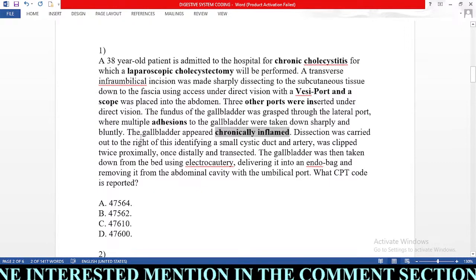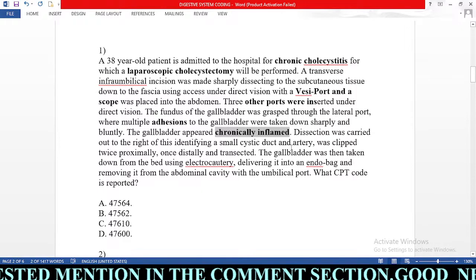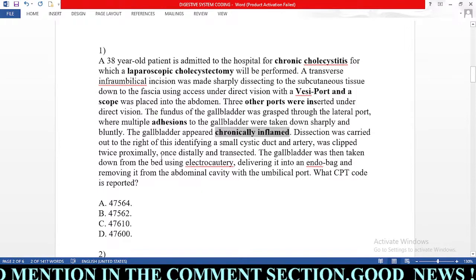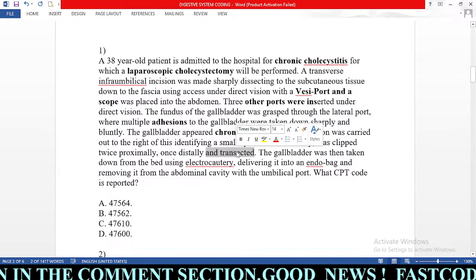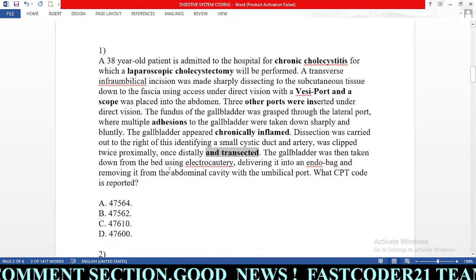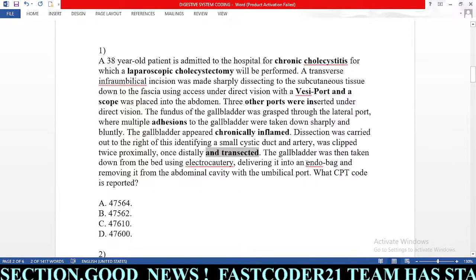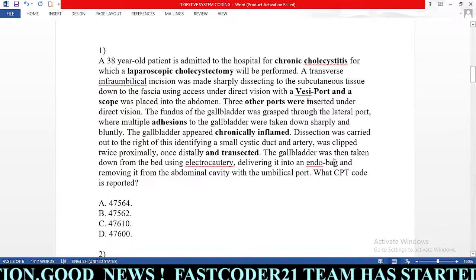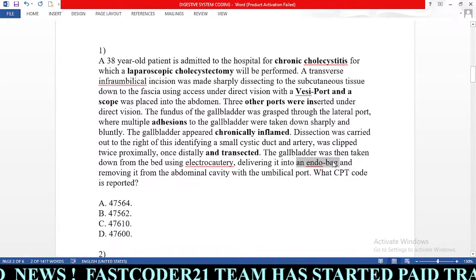Dissection was carried out to the right of this, identifying a small cystic duct and artery, which were clipped twice proximally, once distally, and transected. So the cystic duct was also transected. The gallbladder was then taken down from the bed using electrocautery, delivering into the endo bag. This endo bag is used exclusively in laparoscopic surgery only.